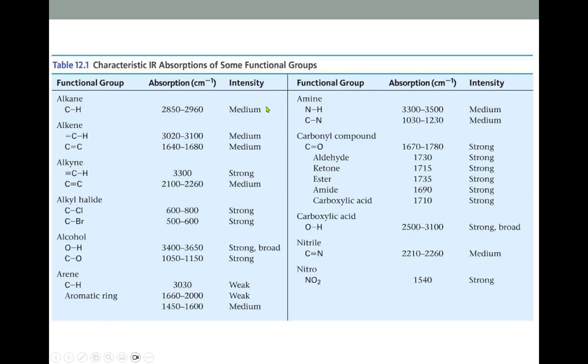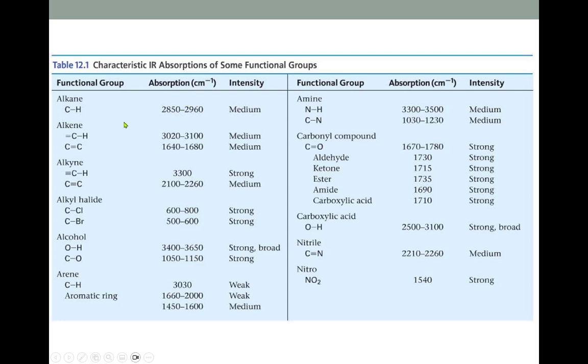These are not particularly useful because all organic molecules have those kinds of interactions, and probably if the molecule has any kind of complexity to it, you'll have different particular types of CC and CH bonds. And so you'll get an overlapping kind of mess of peaks around that neighborhood.